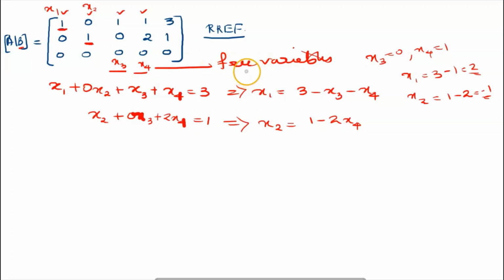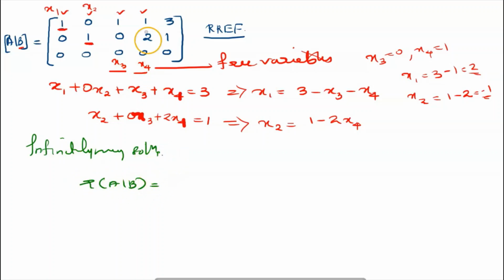So this system has infinitely many solutions, since there are two free variables, x3 and x4.